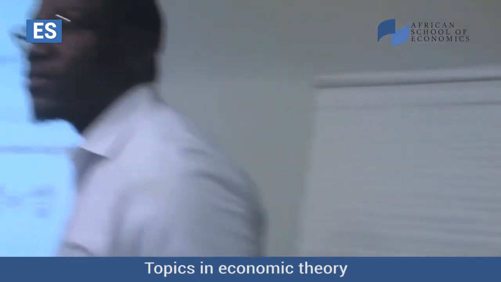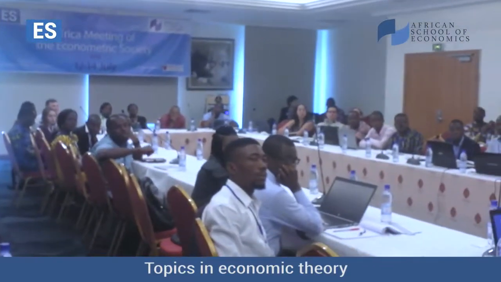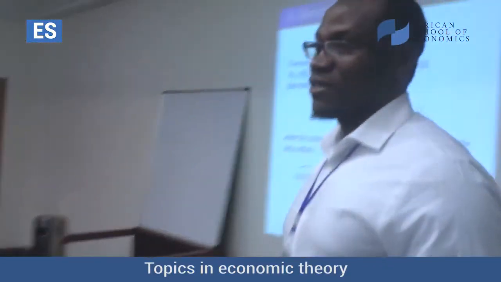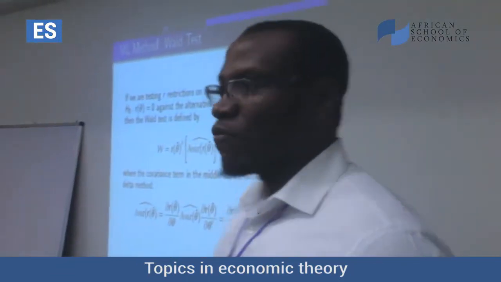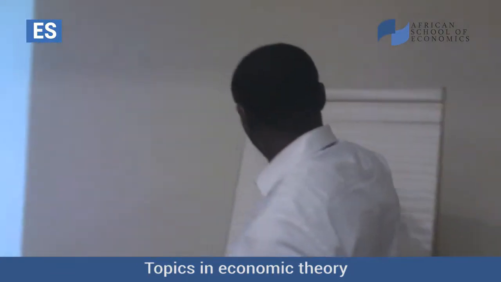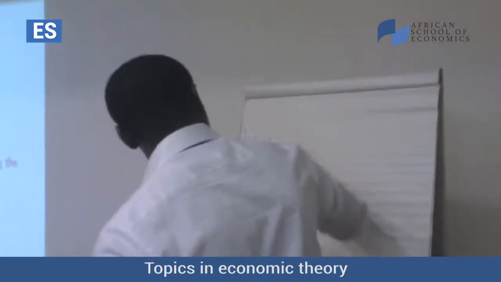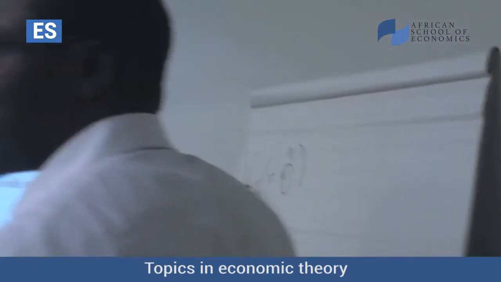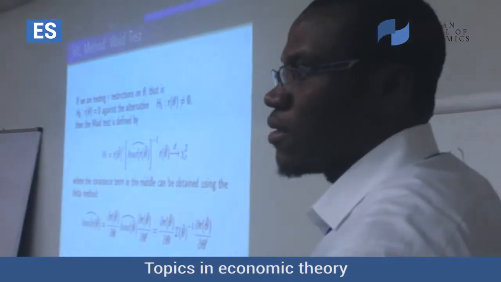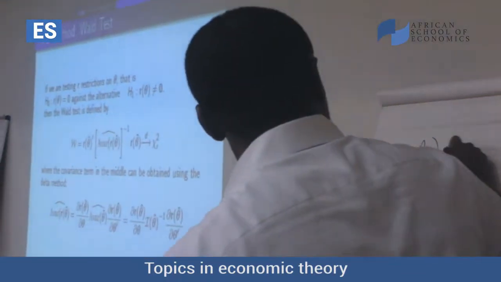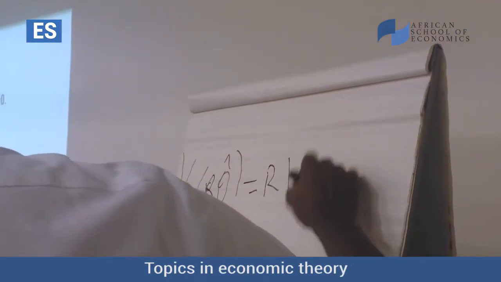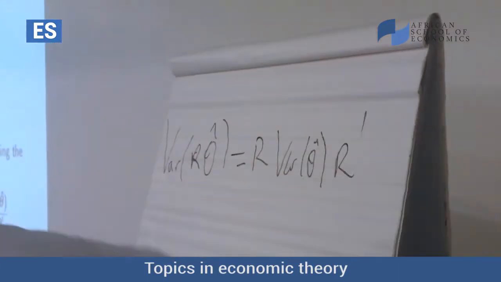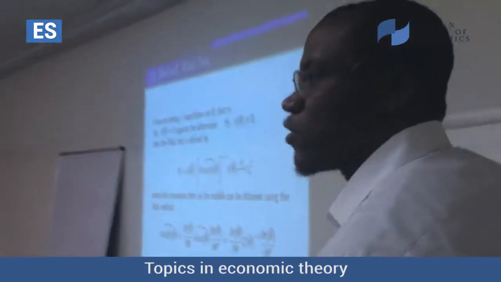So usually what we, yes, it is the delta, right? So basically, it's based on the same type of approximation. It is the delta. So usually what you know is that if you are looking at the variance of, let's say, R times theta hat, R is just a constant or a matrix, right? It's going to be, let's put it like this, R, the variance of theta hat, in a matrix form.